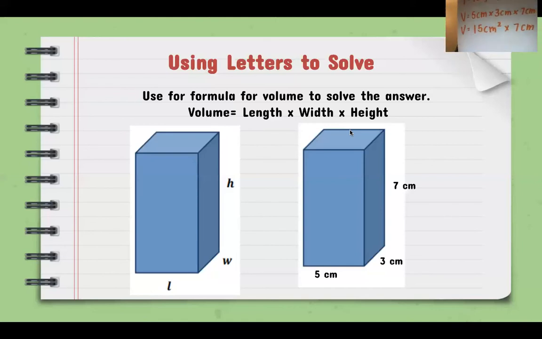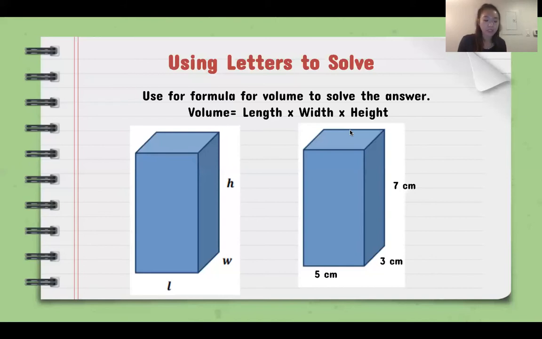So I like to do it like this. Since multiplication is commutative, you could do 3 times 7 first if you wanted, but I just like to go in line so I don't get confused. So now my volume, again, V equals 15 centimeters squared times 7 centimeters.